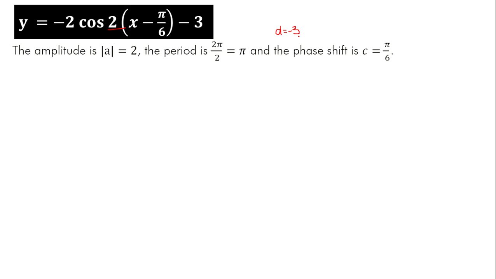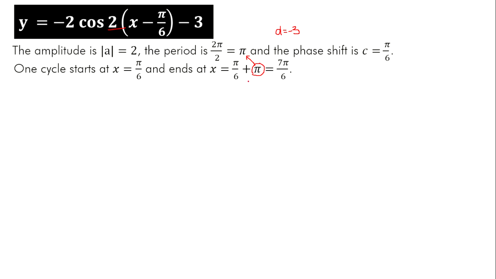Okay, and then after that, again, we're going to identify its start and end for us to graph one period. So we'll start at pi over 6. And then for us to identify the end, again, all you need to do is to add the period. In this case, our period here is pi. So pi over 6 plus pi, that is 7 pi over 6.